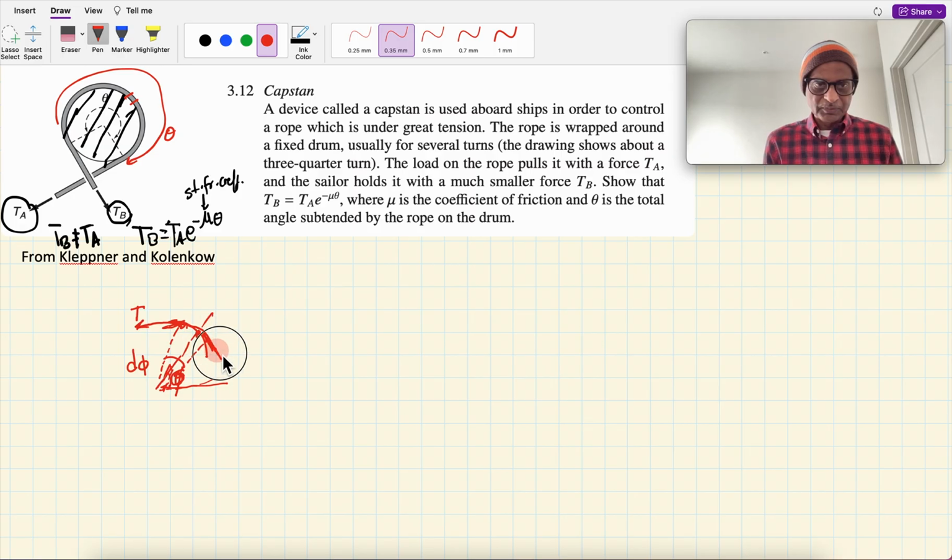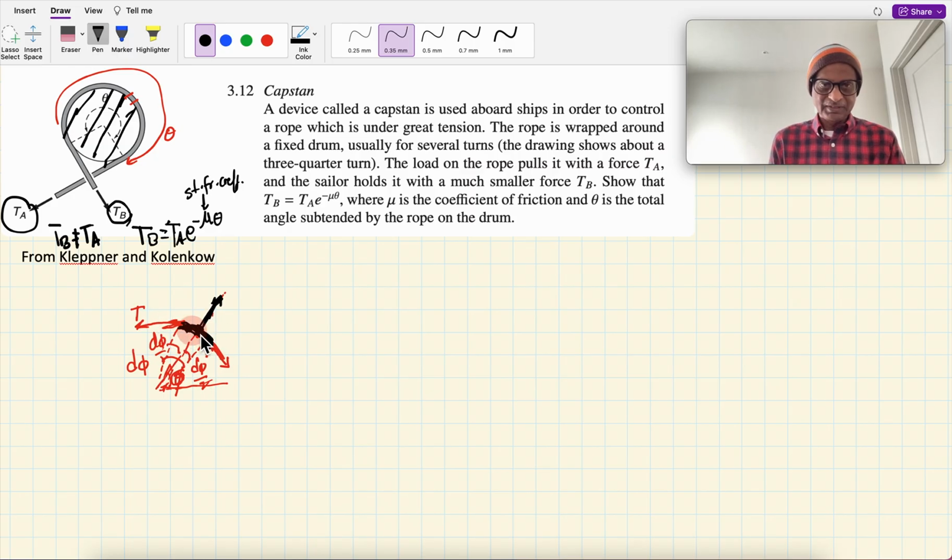We're going to think of this as being symmetric. So over here we can say d phi over 2, and on this side d phi over 2. Now we need to know the forces on this thing. The force is going to be from this pier, so of course one will be a normal force, and it's going to be a very tiny amount because this is a tiny piece.